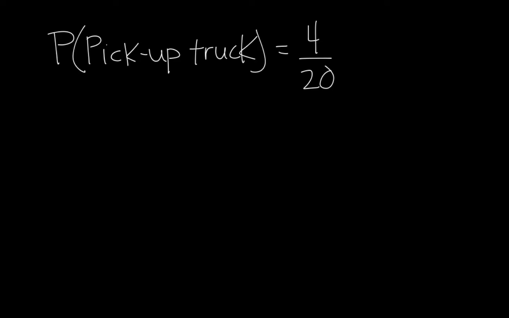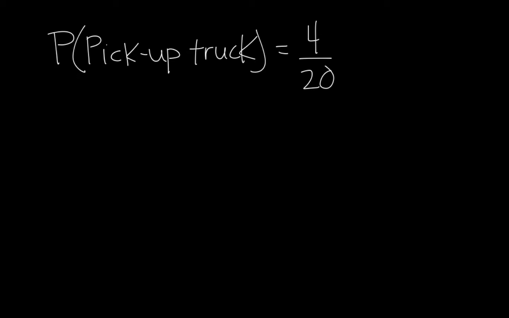With that said, our final answer we're not going to leave as 4 to 20. This should all be on your notes so far in the second chunk, but there's a little bit more work we have to do. 4 and 20, they share a common factor. Remember, factors are what we multiply together.